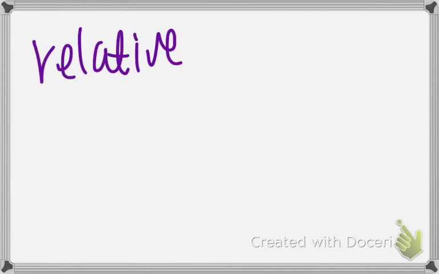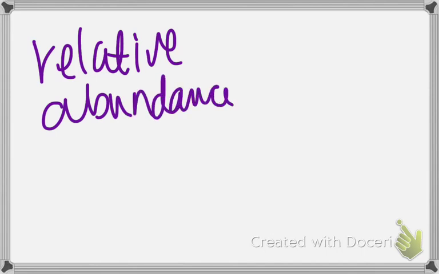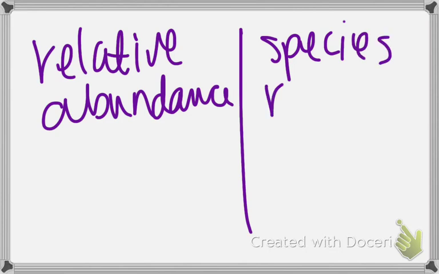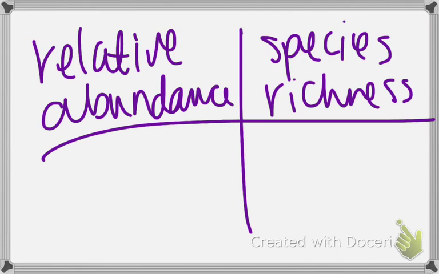Make sure that you know this, relative abundance. And then species richness. That's important. Remember, this is in a community. Communities are those, the same species or different species? Different.